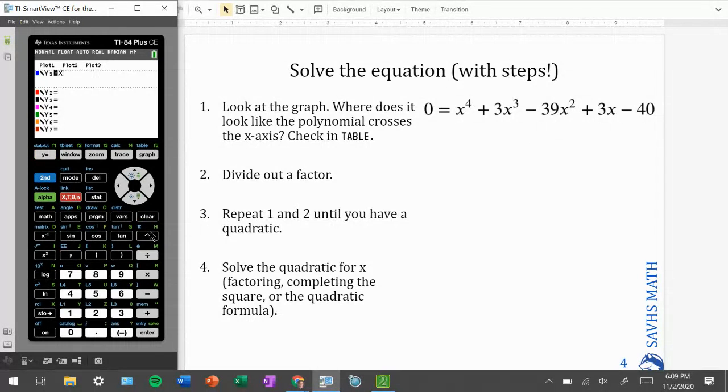So x to the fourth plus 3x cubed minus 39x squared plus, man, second over, and then that'll be the end. Plus 3x minus 40. Just make sure that that's all in there correctly. And it is. So then you're going to press graph.